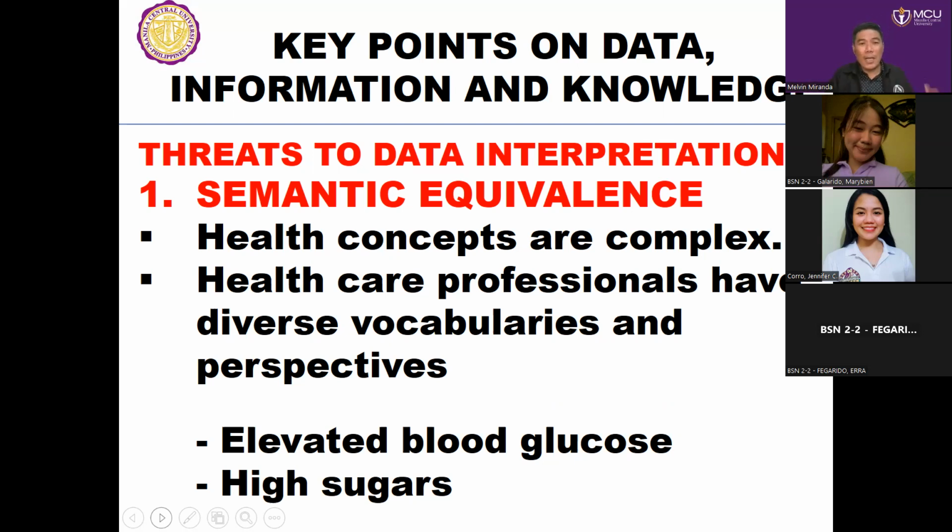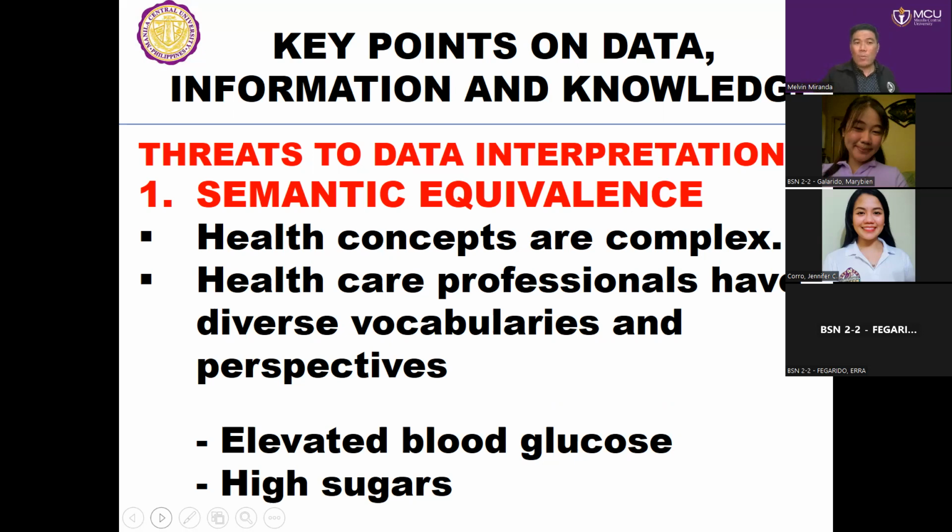Healthcare professionals have diverse vocabularies and perspectives. For example, nurses and doctors are connected because our language is very common. But other health professions use different standards for the codes they use, and that's where we have a problem.